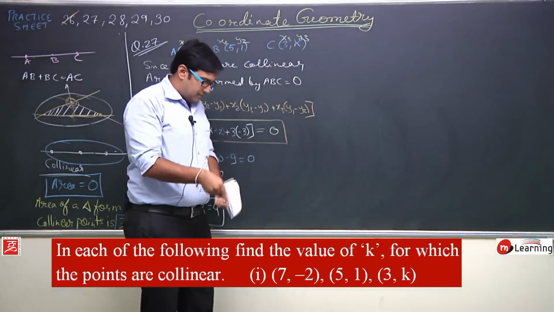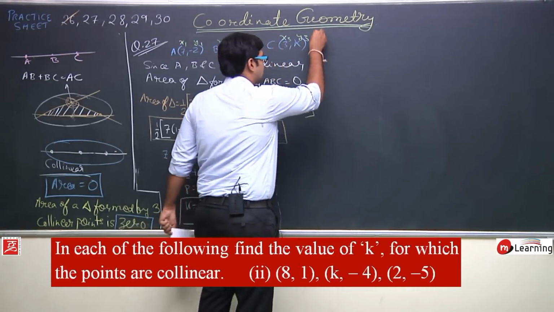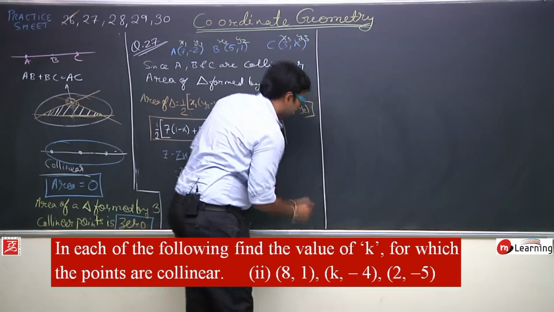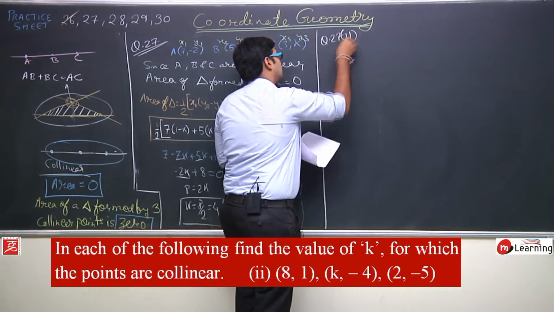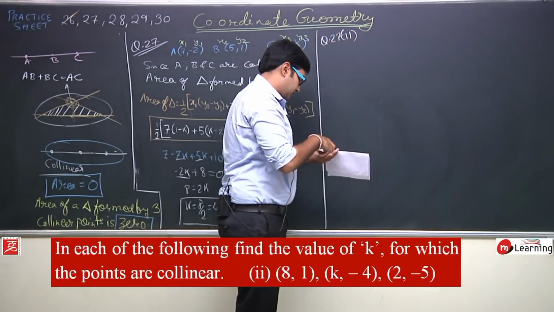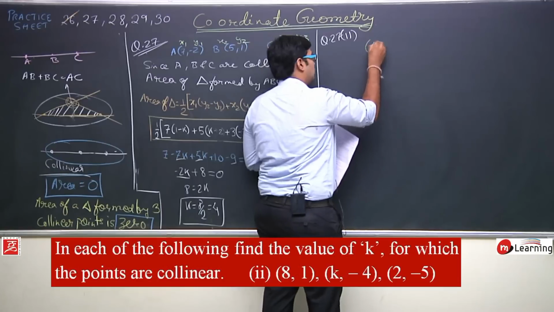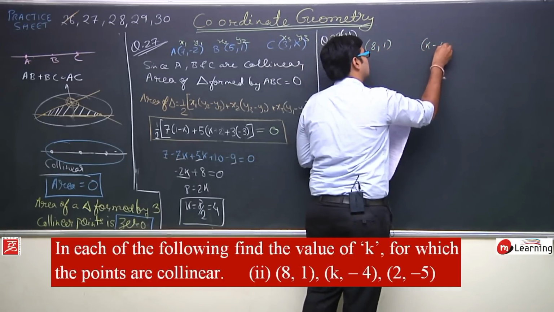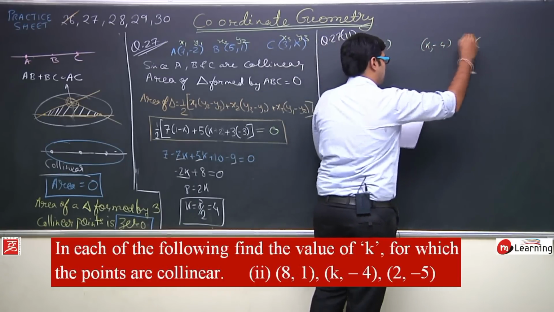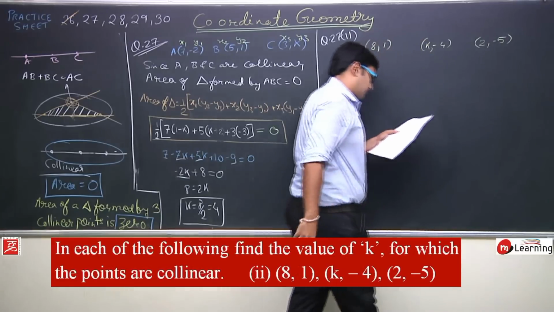Let us solve the second part of this question. In the similar manner, you need to solve the second part. So question number 27, second part. So in the second part, the 3 points are (8, 1), okay, (k, minus 4), and the third point is (2, minus 5).